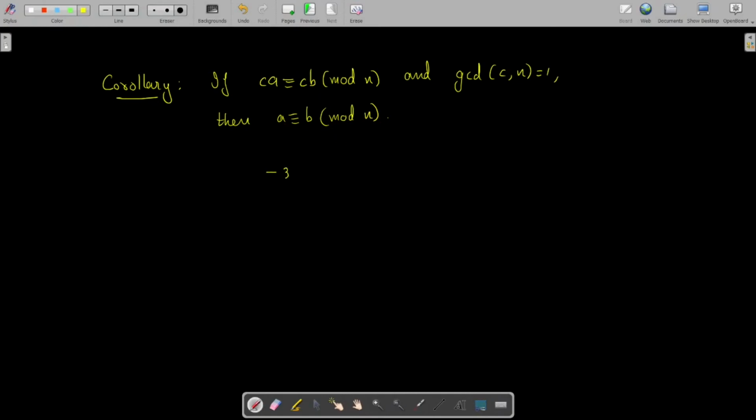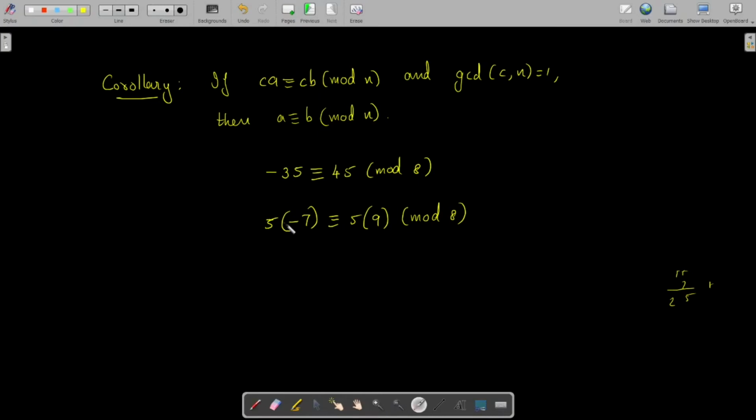How can we apply this result? For example, consider minus 35 is congruent to 45 mod 8. So here we can write minus 35 as 5 into minus 7, which is congruent to 5 into 9 mod 8. Here we can see that the GCD of 5 and 8 equals 1.